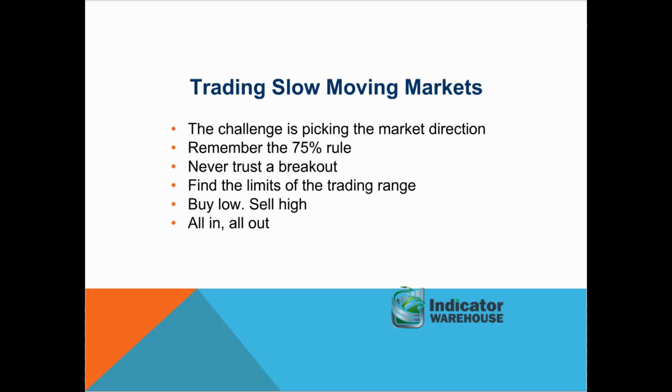So if you suspect the market is in a sideways trading range, your job is to find the limits of the trading range, the upper and lower limits. And from there, you're going to buy low and you're going to sell high. So you're going to buy at the bottom end of the trading range, you're going to sell at the top end of the trading range, but you're not going to be greedy. You're going to go all in, all out, because the market's not going anywhere.